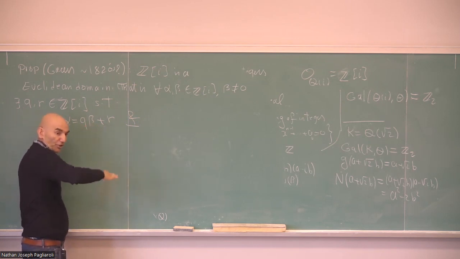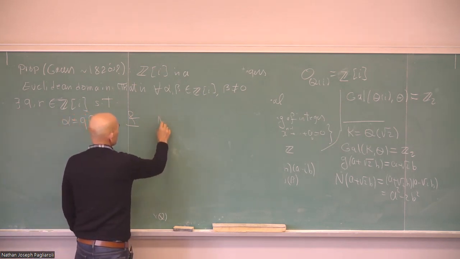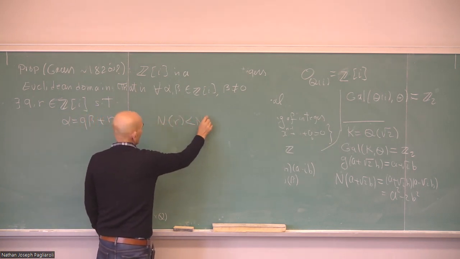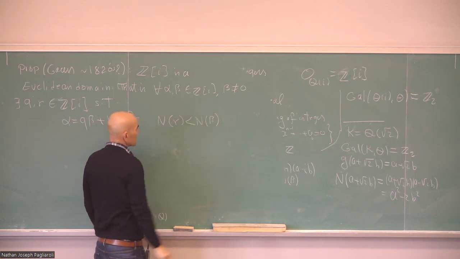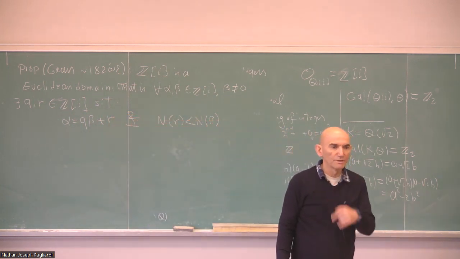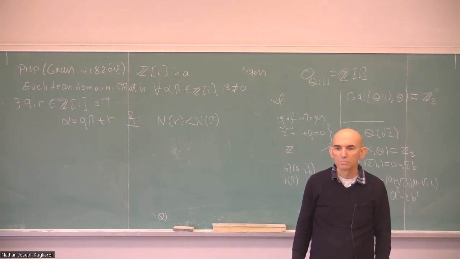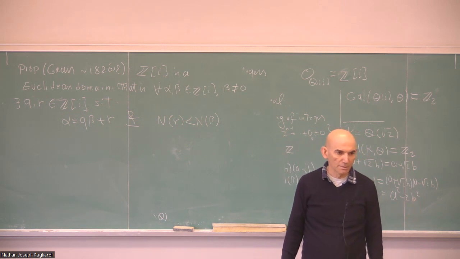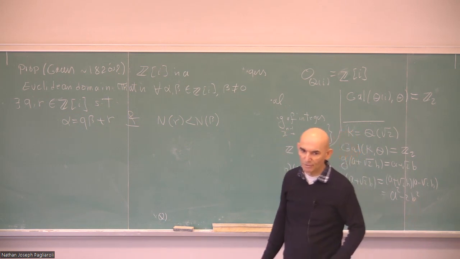So you're just shrinking in length, in a sense. The norm of r is less than the norm of beta. I strongly recommend you to sit down and prove this for yourself. You have all the tools that you need, more than Gauss had, to prove it. It's a very good exercise.